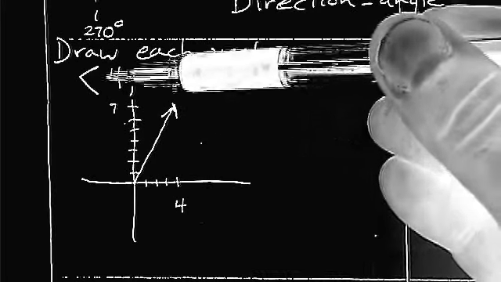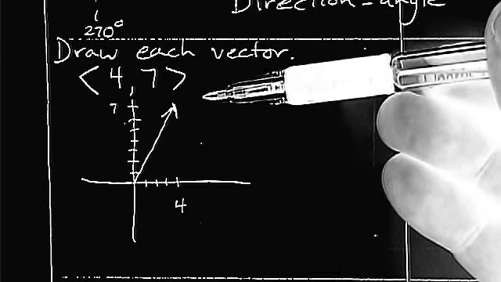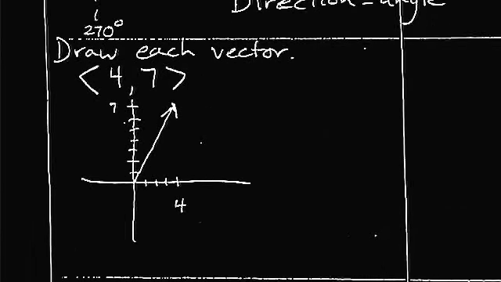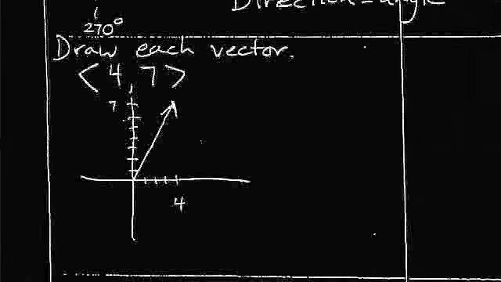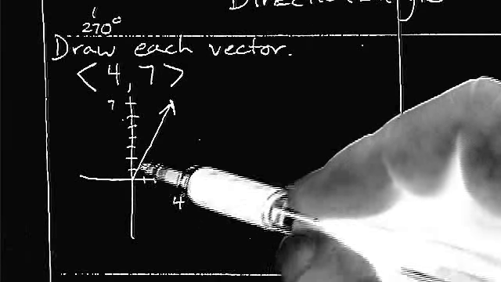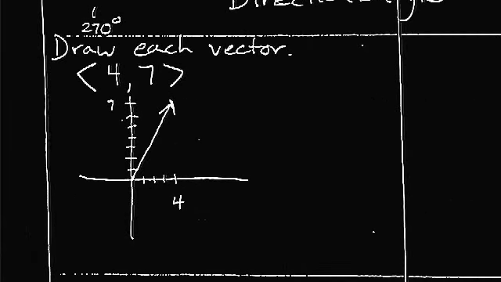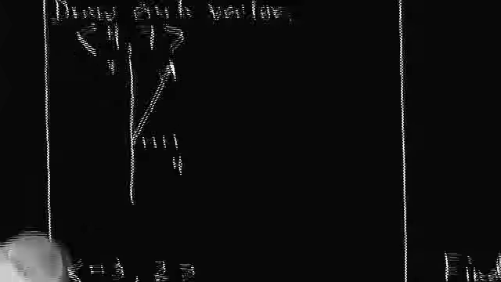We use these little inequality symbols, I guess, is what they would be called. We don't think of them in terms of less than and greater than, though. We just use them kind of like parentheses. But when you see those, you know you're talking about a vector. Instead of just a coordinate, you're talking about that hypotenuse, if you wanted to call it that, because that's pretty much what it is.